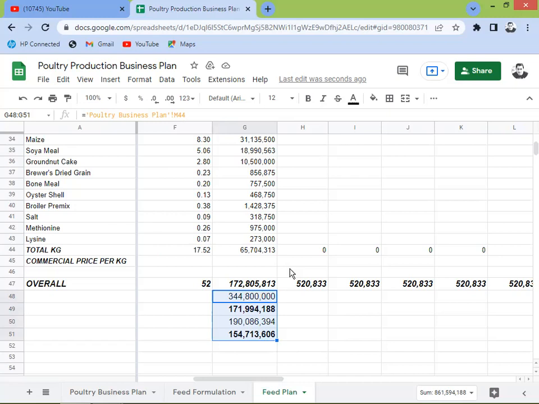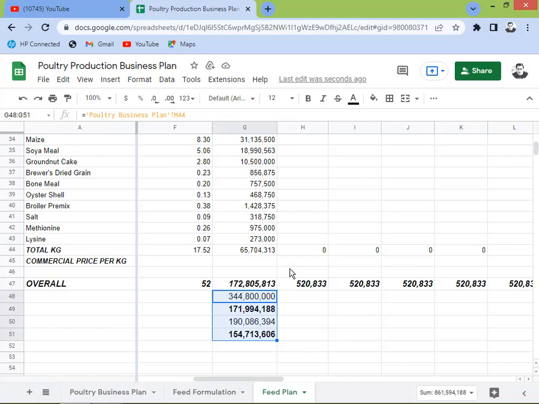Even if you enter a business partnership, where some other company owns the feed mill plant and you're paying the toll processing fee, we are still saving lots of money.